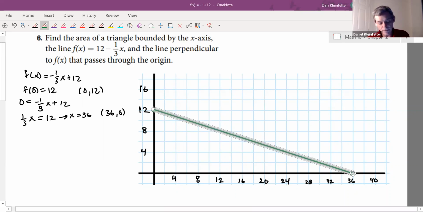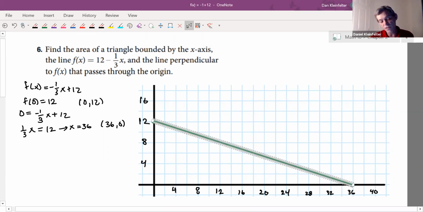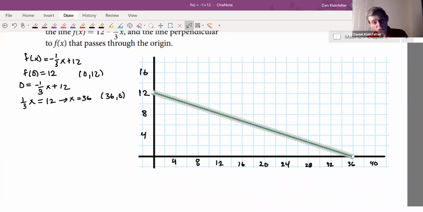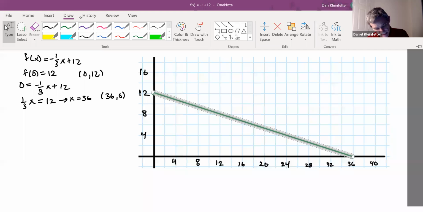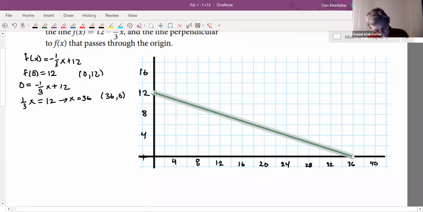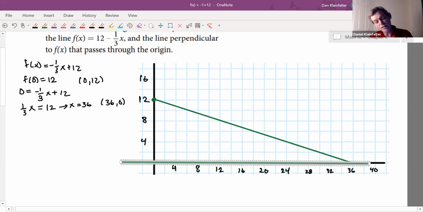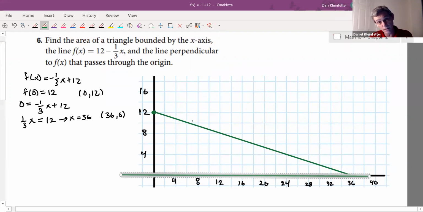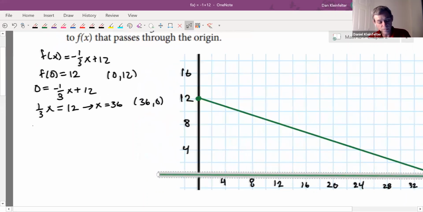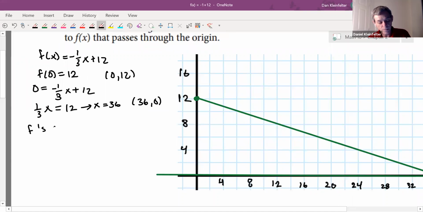Okay, next up, it says the triangle is bounded also by the x-axis. So let me go ahead and draw that in just so that we can see it. And then additionally, the line perpendicular to our f, but passing through the origin. So our original function f has slope negative 1/3.